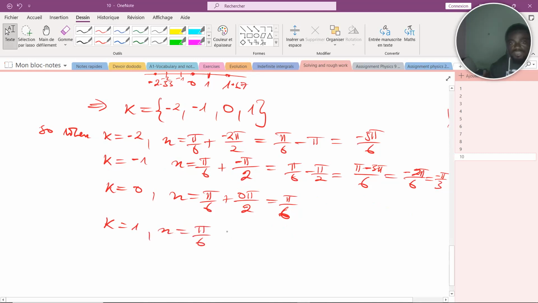Pi on 6 plus 1 times pi on 6, which is equals to 2 pi on 6, which will be pi on 3. Is that okay? That will be pi on 3. Okay.